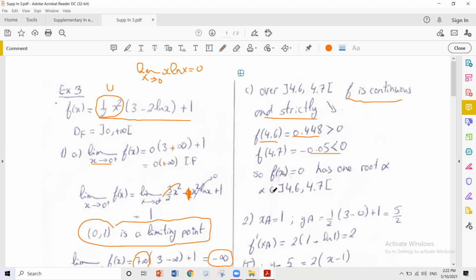So f x equals 0 has one root alpha belongs to 4.6, 4.7. f is continuous, decreasing. f of 4.6 positive, f of 4.7 negative.